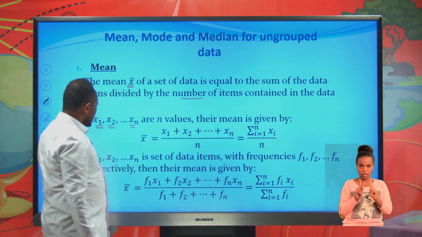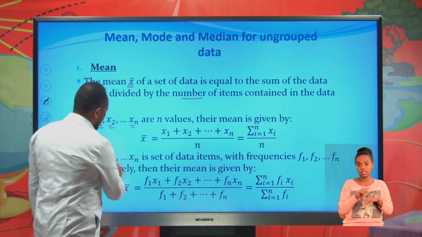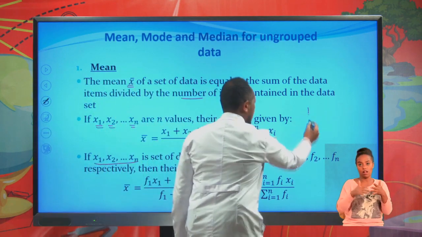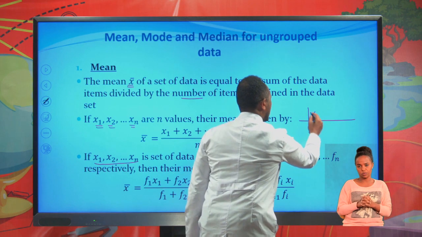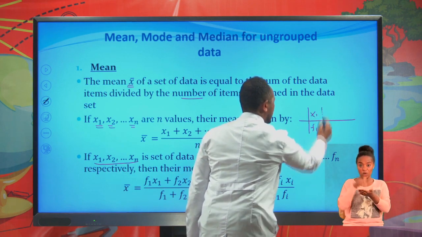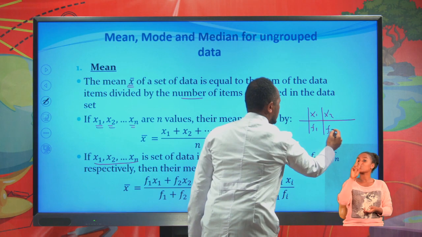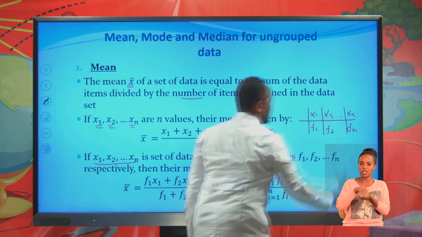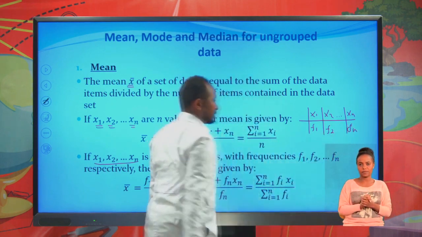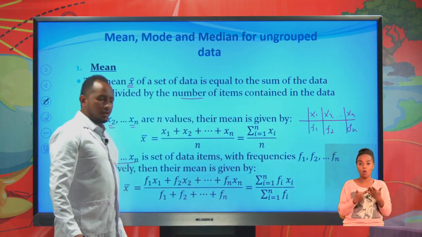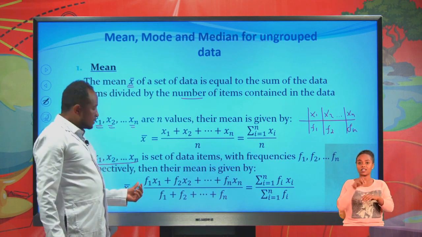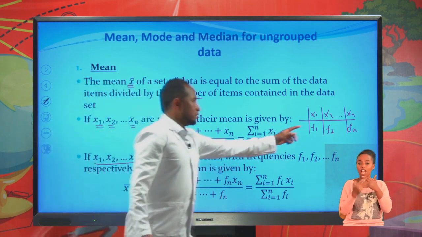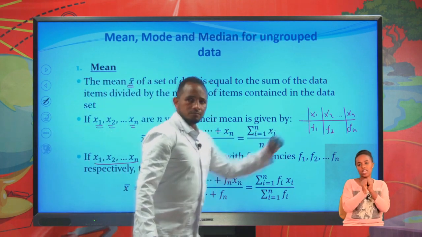Okay, sometimes the data set may be given in a frequency table form like this: x1 having frequency f1, x2 frequency f2, and xn with frequency fn. So in this case the mean is computed using this formula. You multiply the frequency with the data and you sum.